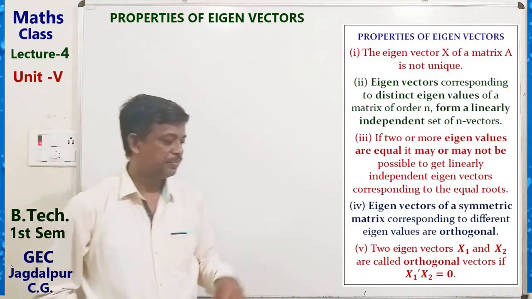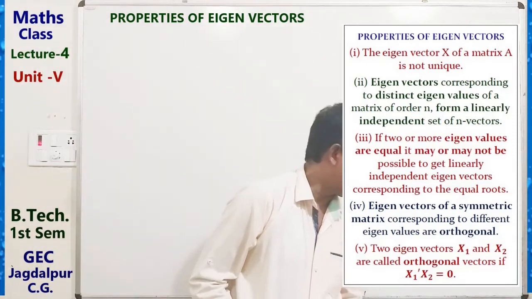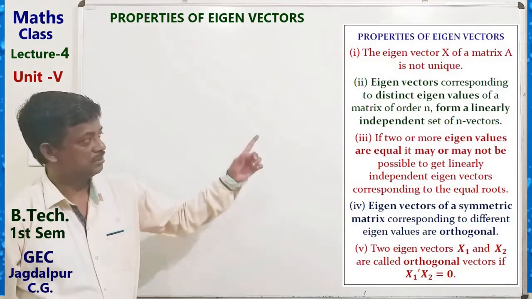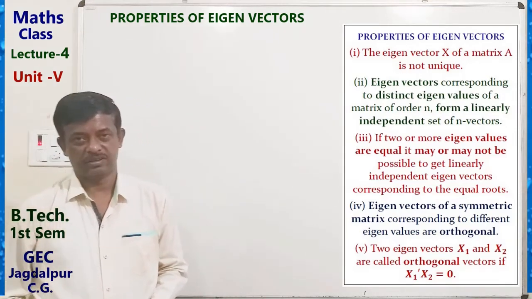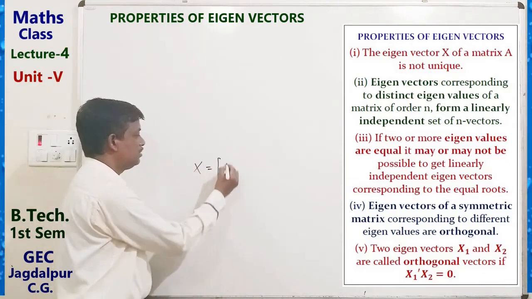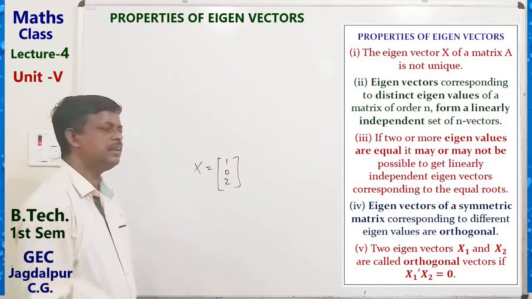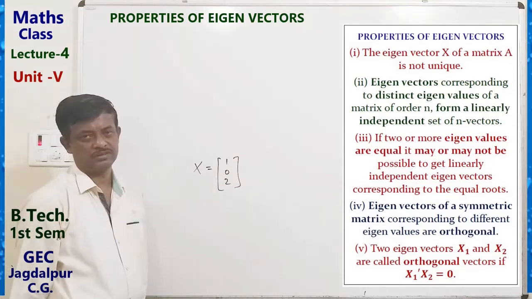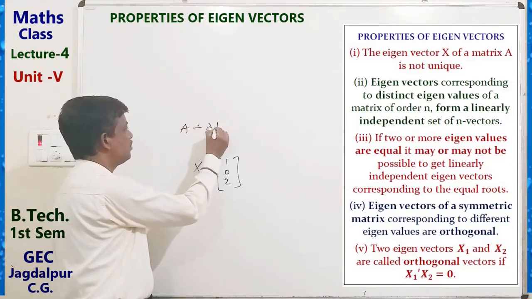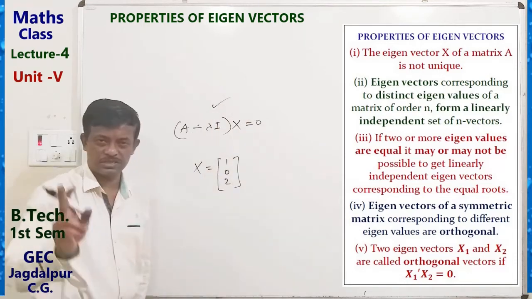First is what? The eigenvector of a matrix is not unique. That means if we get an eigenvector like 1, 0, 2, then any scalar multiple of this is also one, because we are finding the solution using the homogeneous system.